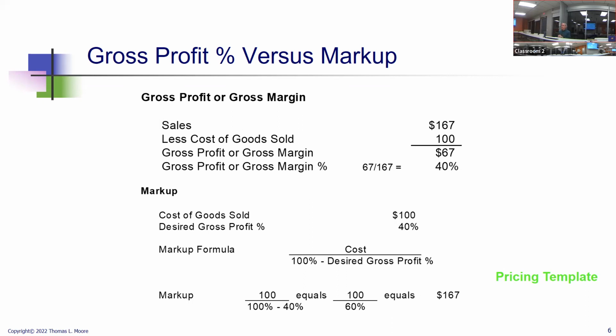In this particular case, your markup and your gross margin or gross profit are the same. It's 40%. But that's not always the case. For example, if we use a desired gross profit of 50%, then it wouldn't come out to $167. It'd probably come out to something higher than that. So that's the difference between gross profit and markup.